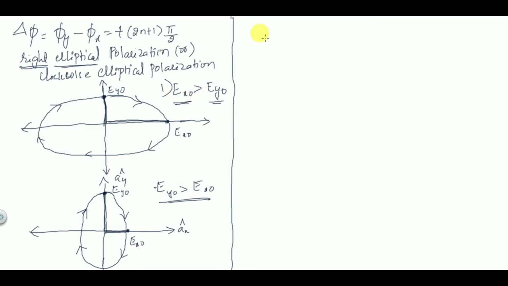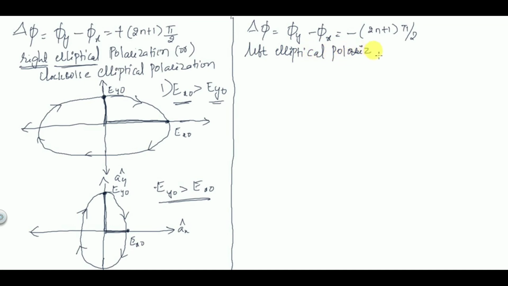Similarly, when delta phi, which is equal to phi y minus phi x, is a negative odd multiple of pi by 2, then that type of polarization is called left elliptical polarization, or it is also called anti-clockwise elliptical polarization.